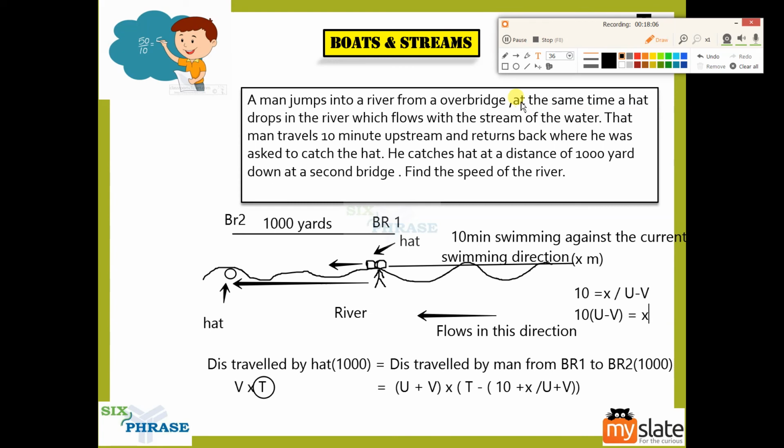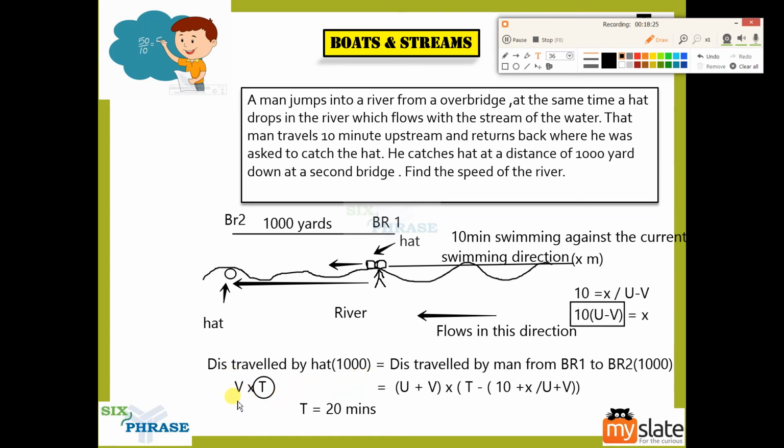So you can use this in place of x. Instead of x, substitute this. Once you substitute this, you will get the answer. You'll get t's value to be 20 minutes. Now once you get t's value, how do you find v's value?